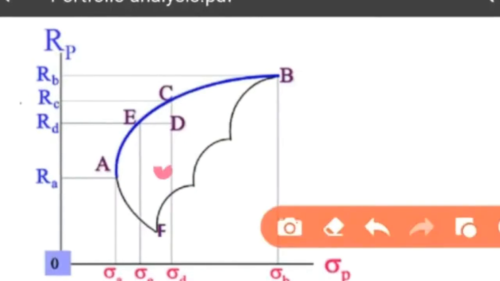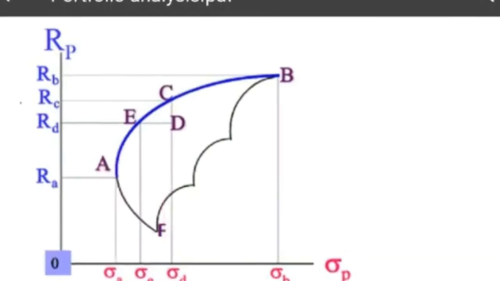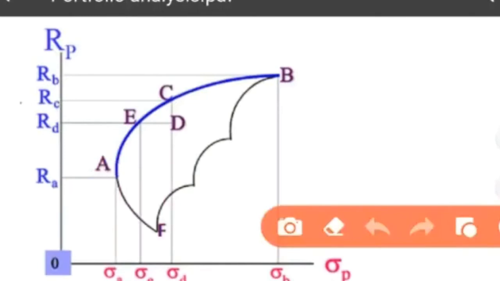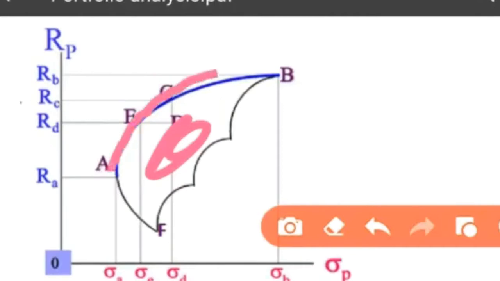Here also the risk is greater and the return is less, and we have a portfolio A which gives less risk at that same return level. So obviously we will choose only portfolio A. So whichever point we take in this space, there is a better portfolio which has a better return and a lower standard deviation. So we say that this AECB contains all the efficient portfolios.